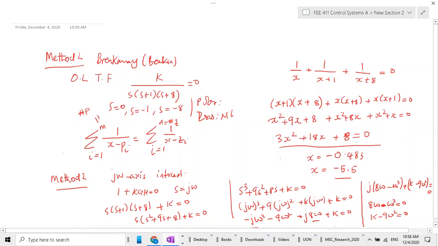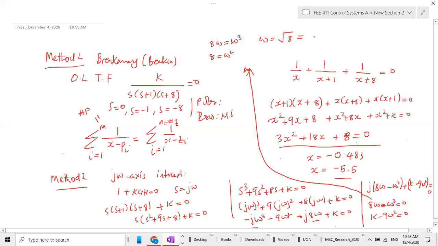So from that one, we can say 8 omega equals omega cubed. So 8 is equal to omega squared. So omega, like that, I think that is 2.83.